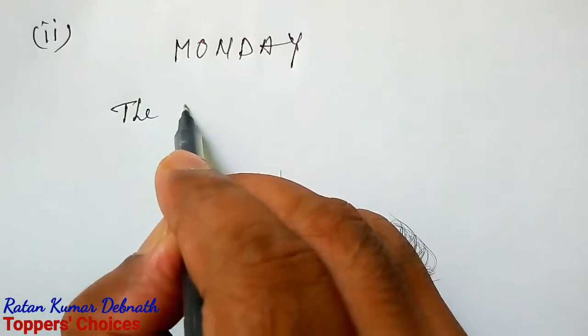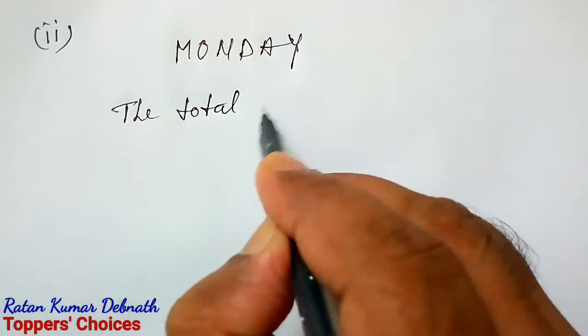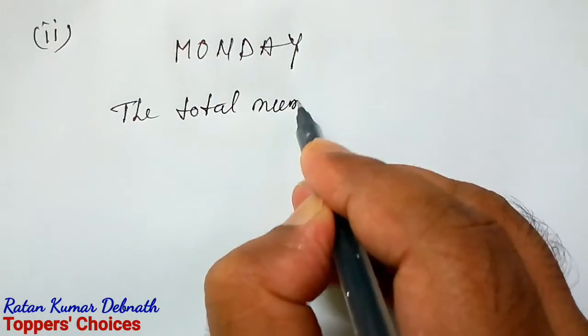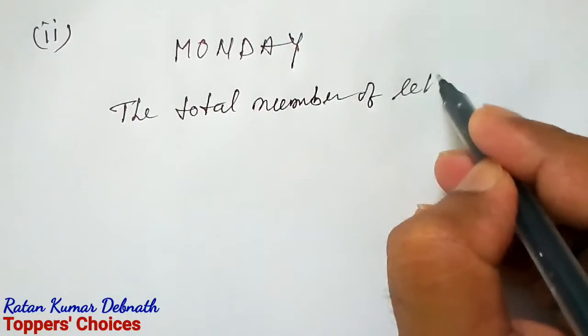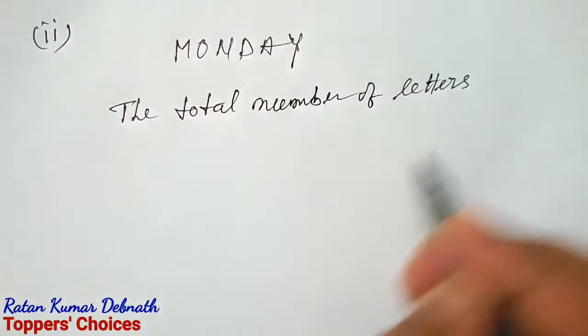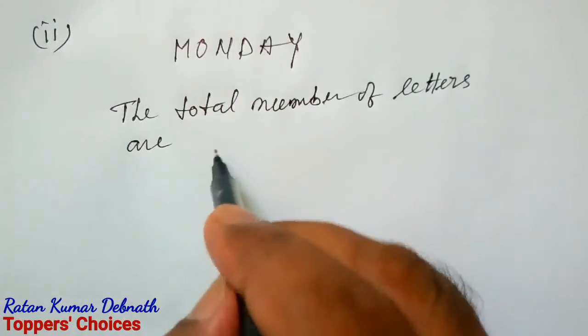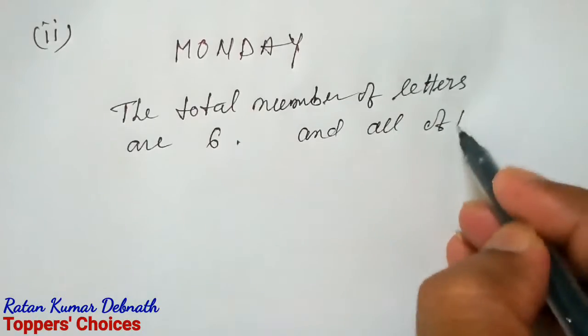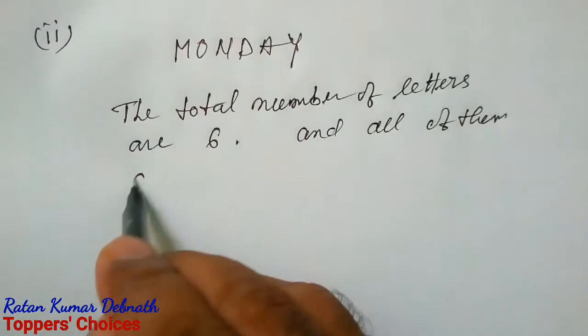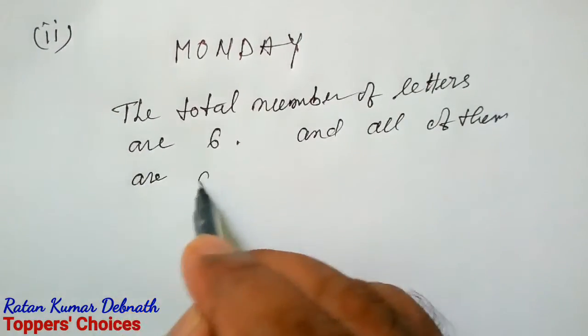The total number of letters is 6, and all of them are distinct.